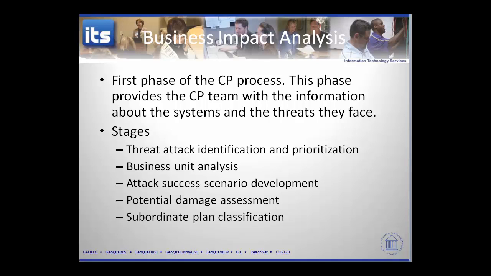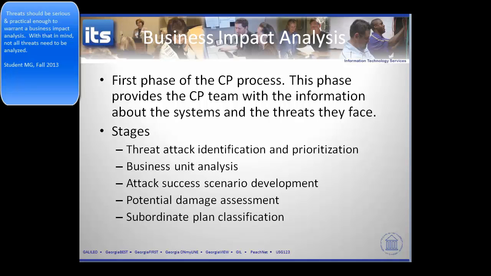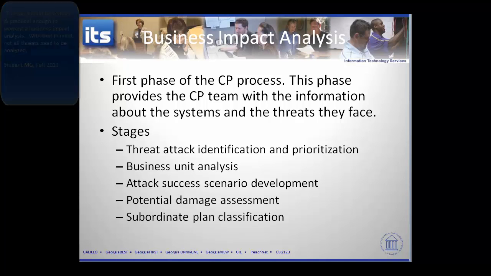You know, your strengths, weaknesses, opportunities, and threats. The first part of that has to be to identify what threats do you have out there, what's the prioritization of those threats. Once you do that, you have to go in and look at your business unit, figure out how you do business, how those threats are going to interact.